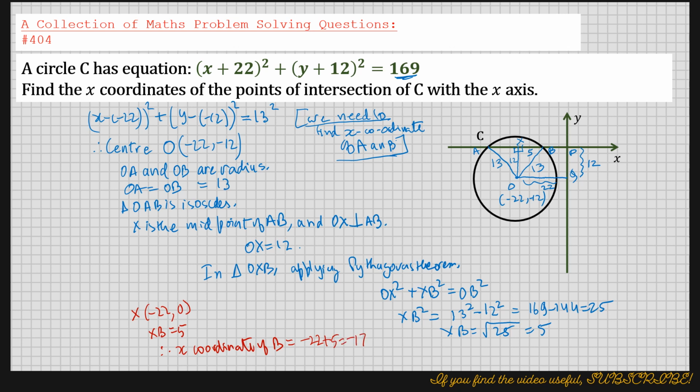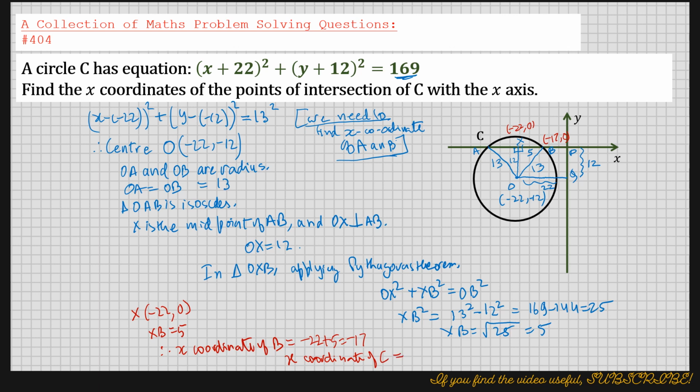So this is minus 22, 0, and this would be minus 17, 0.